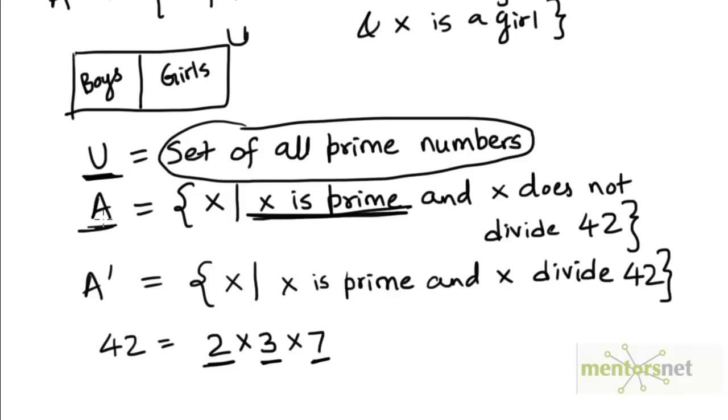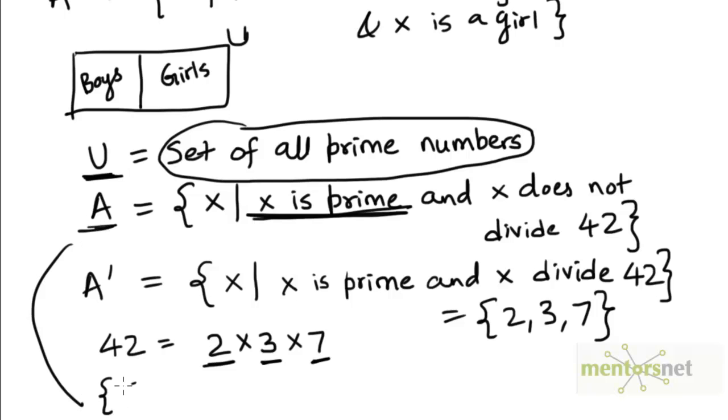So A would be an infinite set. So the set U is an infinite set because there is an infinite number of prime numbers. A consists of all the prime numbers apart from 2, 3 and 7, because 2, 3 and 7 are the prime numbers which divide 42. So A complement would be the set 2, 3, 7 and A would be the set 5, 11, 13 and so on.